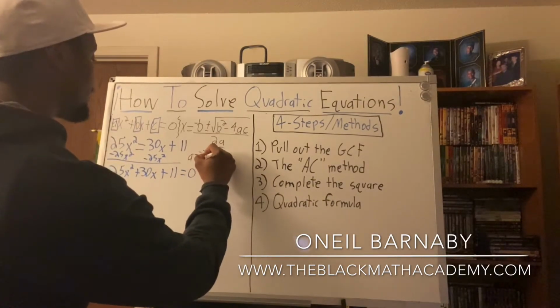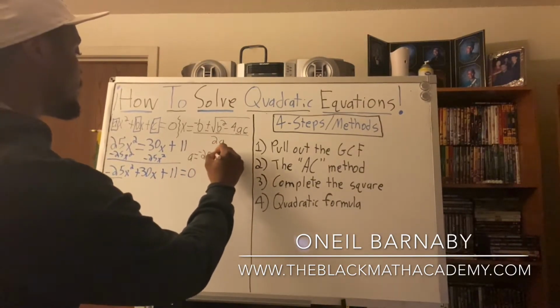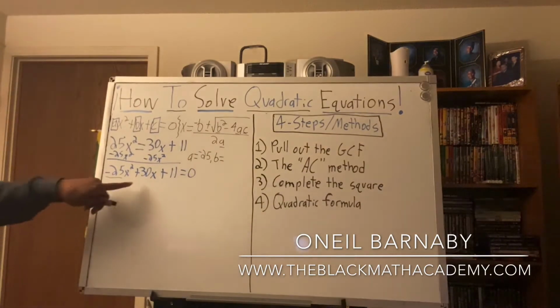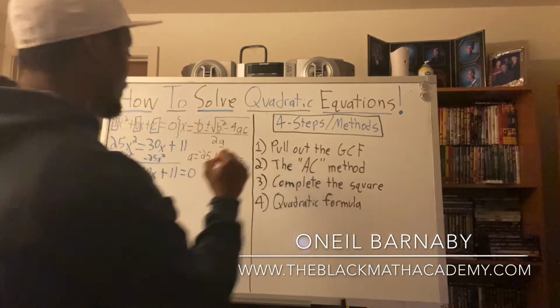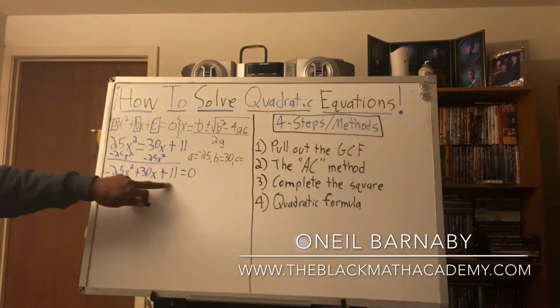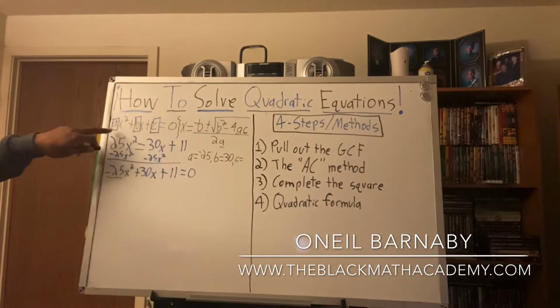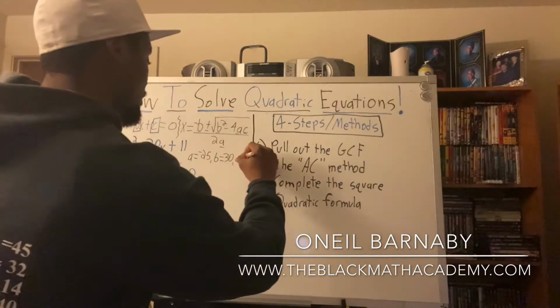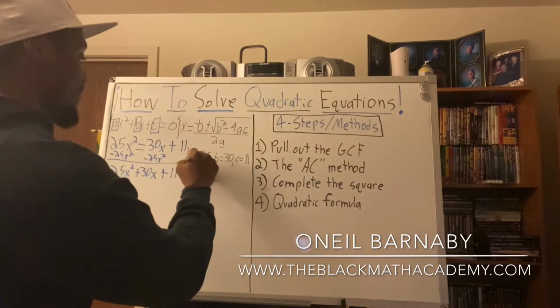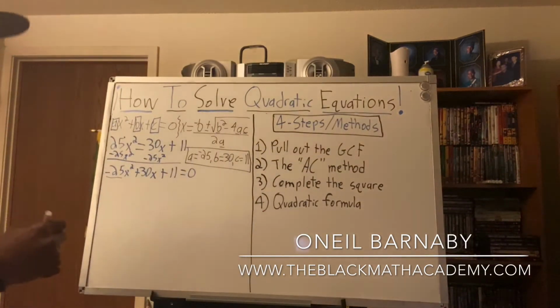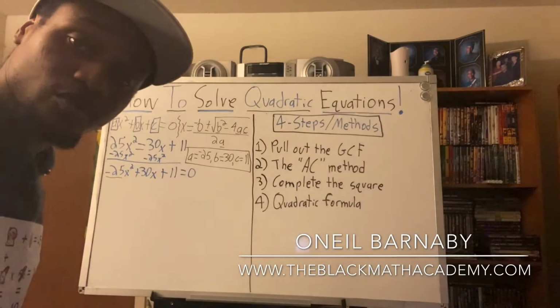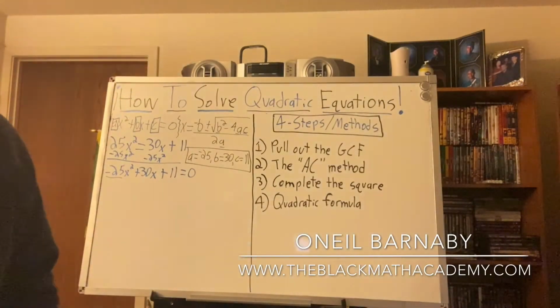So a is equal to negative 25. b would be equal to 30. It's a positive number, so b would just be 30. And c would be equal to 11 because c is the last number in the equation. These are our three numbers that we're going to plug into the quadratic formula and then solve.